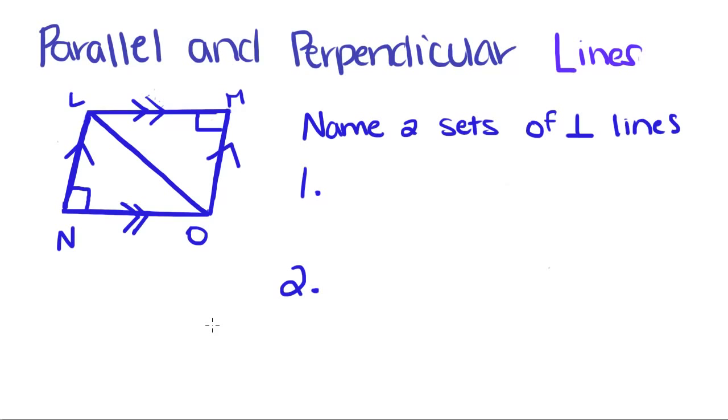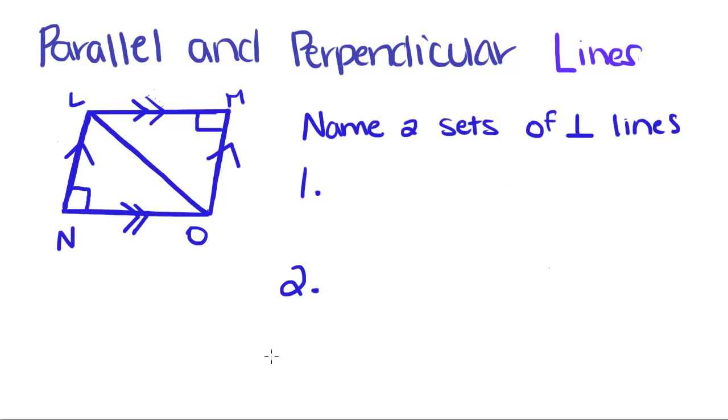Name two sets of perpendicular lines. So like we said, perpendicular lines intersect to form right angles. So we know that none of the parallel lines can also be perpendicular.